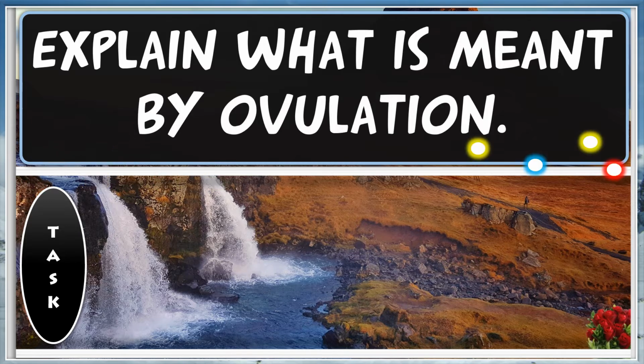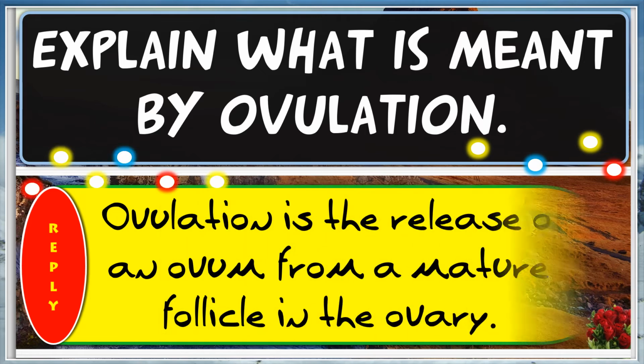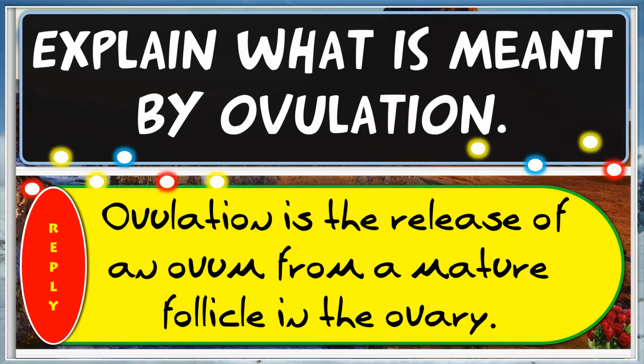Explain what is meant by ovulation. Ovulation is the release of an ovum from a mature follicle in the ovary.